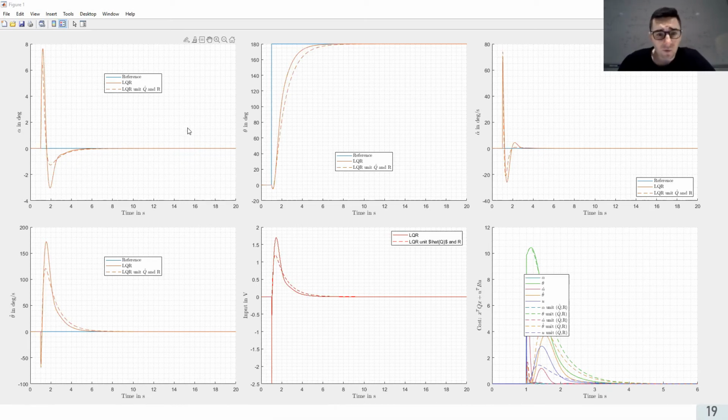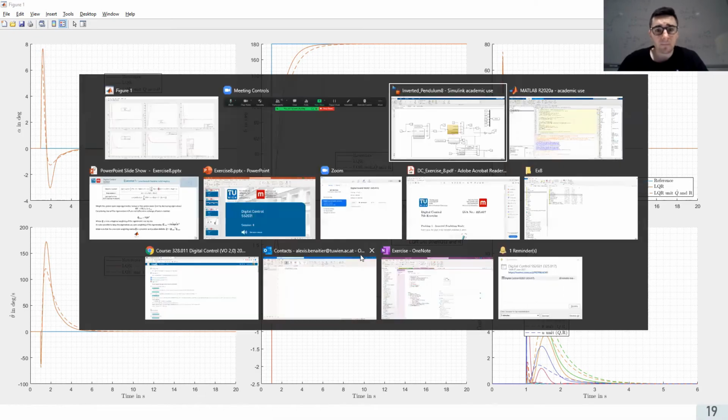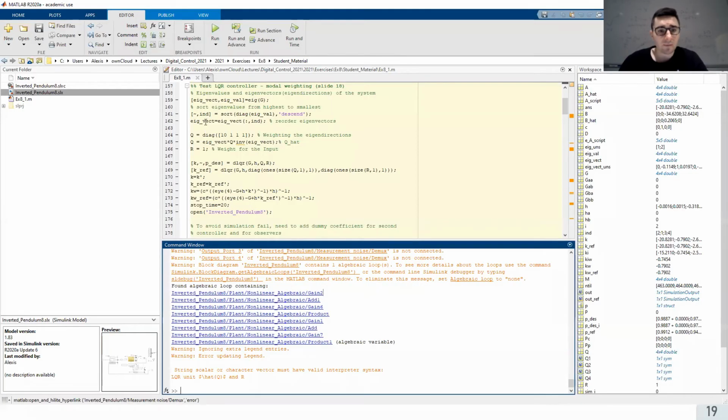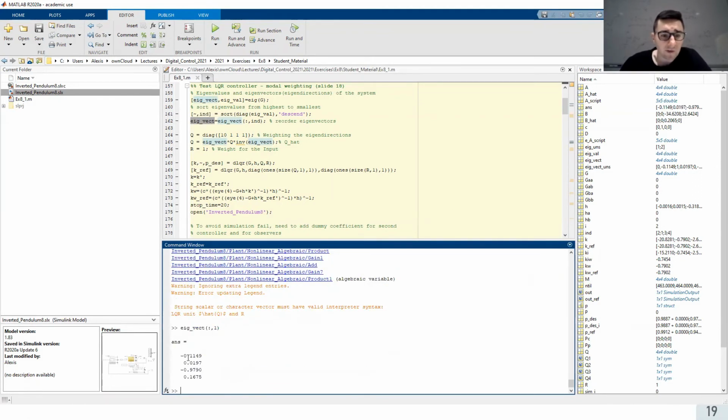And so as we know, this is the first eigenmode, so it should be eigenvector first column. So the first eigenmode is weighting alpha dot quite a lot apparently, but alpha dot can also be small, so you have to be careful. And also weighting alpha. It's weighting just a little bit theta and somehow a little bit theta dot.